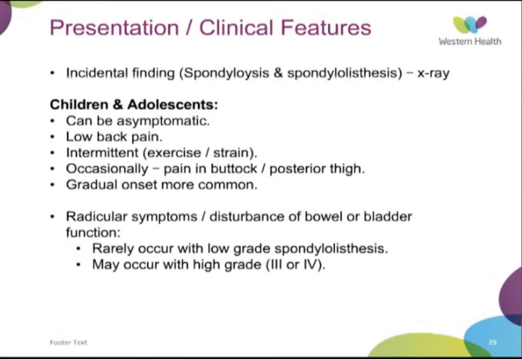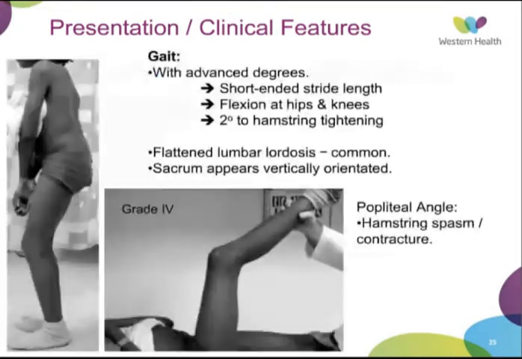They may have radicular symptoms and disturbance of bowel or bladder function. With low-grade spondylolisthesis, they rarely have neurological symptoms. However, with a high-grade slippage, they may have these symptoms.